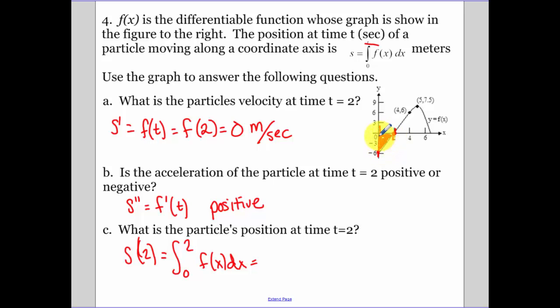I think this question is a little deceiving because they don't tell you it's a triangle. I would tell you that from 0 to 4, that's a straight line, but that is actually a triangle. So that's 1/2, my base is 2, my height is -6. So what's my position? My position is -6 meters.